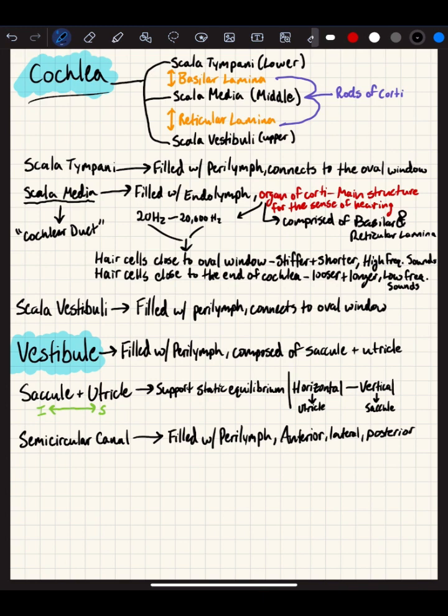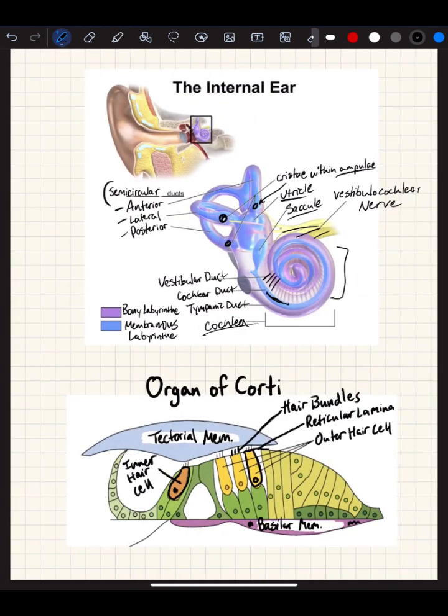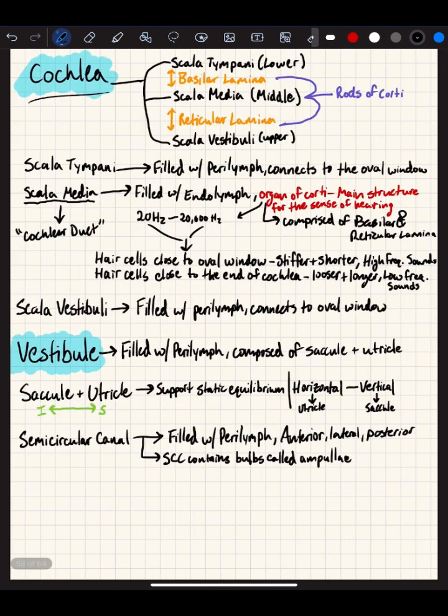And now, each semicircular canal, SCC, contains bulbs called ampullae. I told you it was going to be important, the ampullae. Now, these ampullae are the sensory part of the canals.